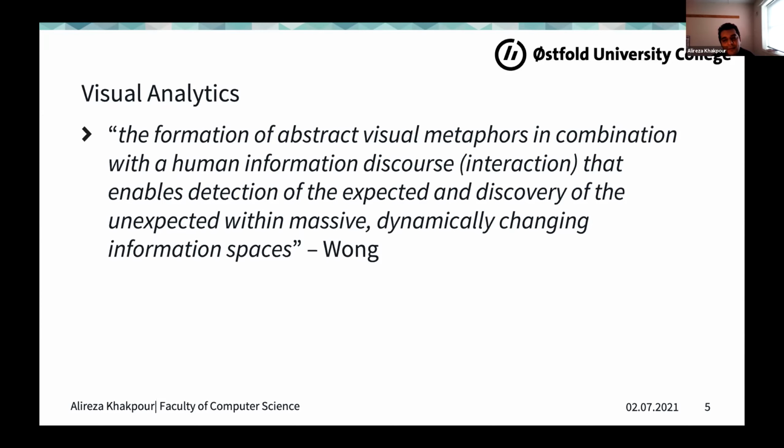Wong defined VA as the formation of abstract visual metaphors in combination with a human information discourse that enables detection of the expected and discovery of the unexpected within massive dynamically changing information spaces. From this definition itself, we can see how VA in supply chain is the convergence of various disciplines.